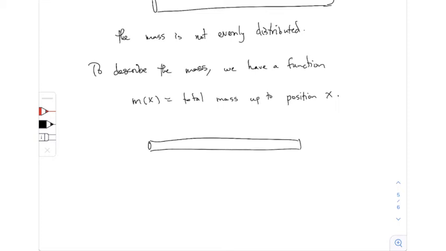As you move down the rod, the mass sort of changes in unpredictable ways, but you can describe that using a function where if I go down, say, this far, and I just chop off that piece of the rod, m of x is the mass of this piece.